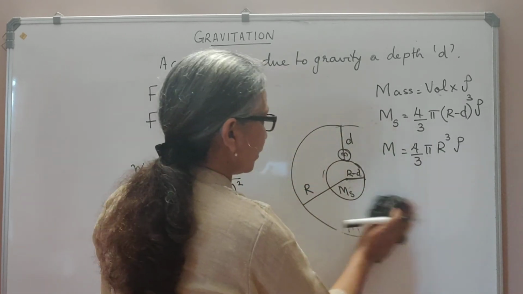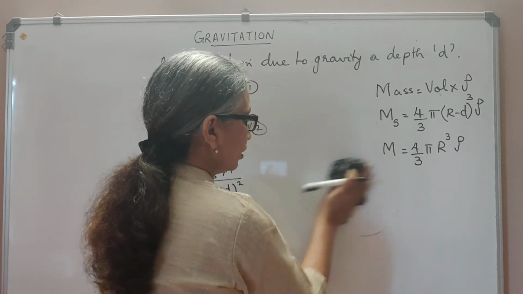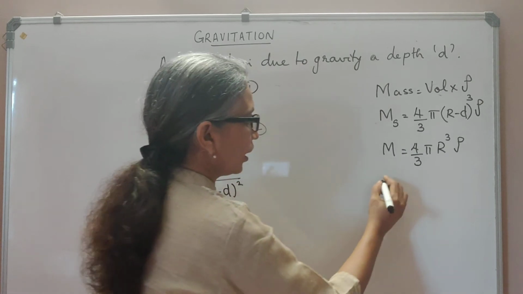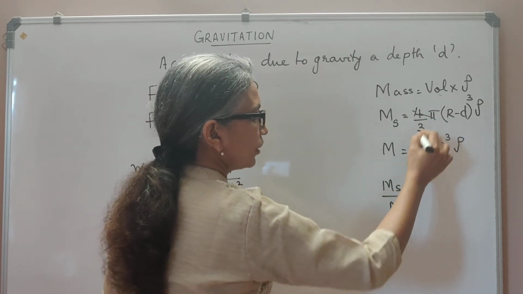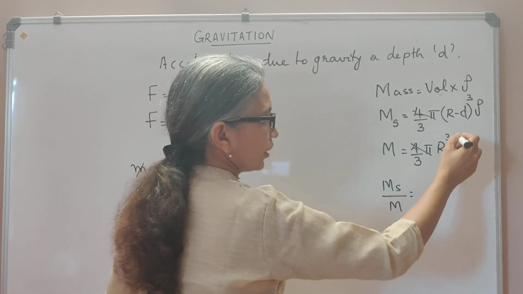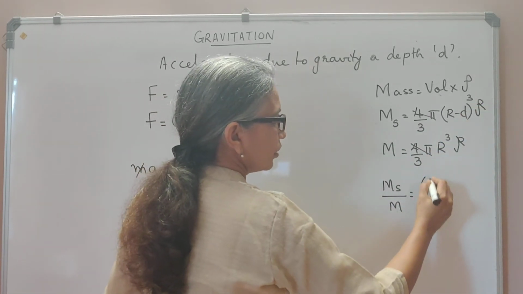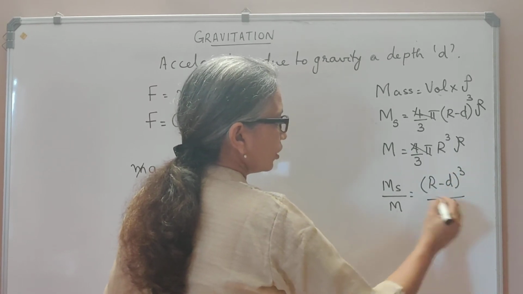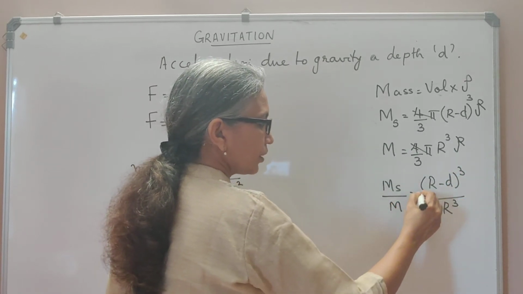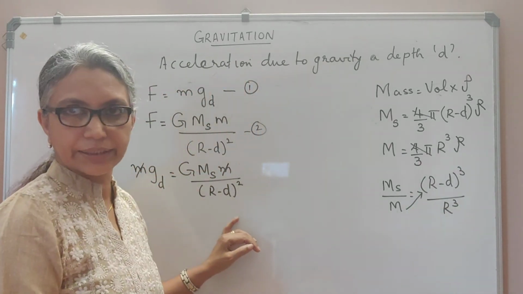So from this I may write ms by M is, this 4 by 3 pi will get cancelled, density cancelled, so R minus d the whole cube by R cube. So I can get an expression for ms by simply bringing M to the right hand side.